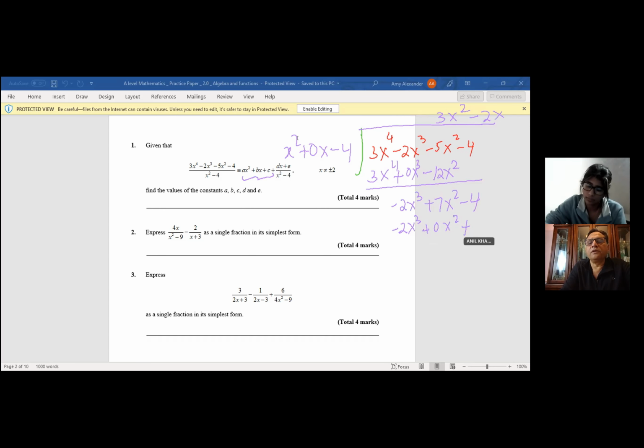And see here also we have 4, right? Actually speaking, I should have done a placeholder there also, correct? So I should put 0x. Is that okay? Yeah. Minus 4, so we'll just put 0. Is that clear to you? So placeholders are important. So minus 2x plus 8x.